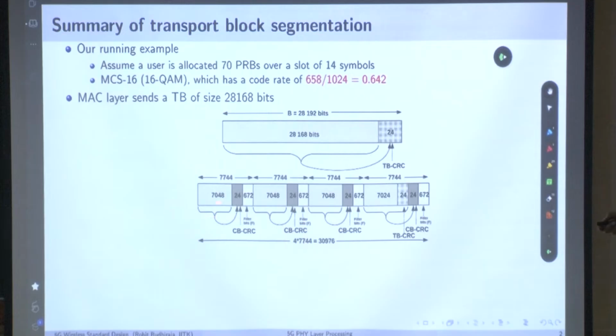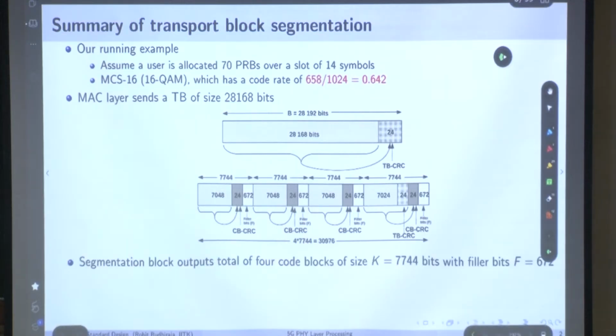If you dissect this, the segmentation block led to 4 code blocks, each of equal size, 7744, which includes a filler bit of 672. So this transport block gets segmented into 4 code blocks, and each code block contains 7048 bits of actual payload, 24 bits of code block CRC, and 672 filler bits.